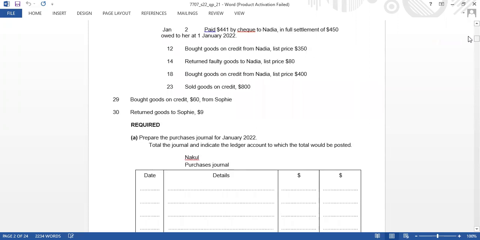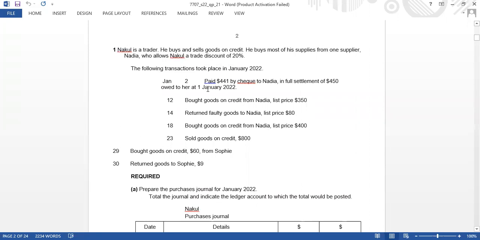Okay, we'll make Nakul's purchases journal. On 2 January, paid $441 by check to Nadia in full settlement of 450 owed to her at 1st January 2022.